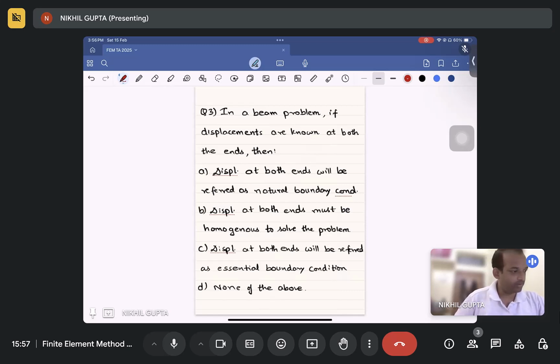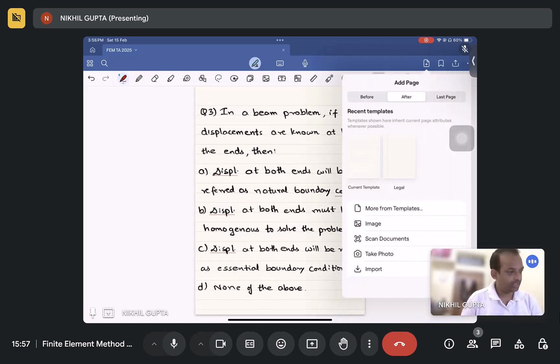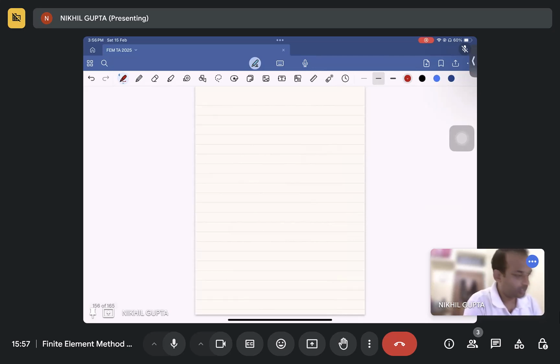In a beam problem, I'll explain a little about the Neumann and the Dirichlet boundary condition before going through this question. When we write a weak form, which is 0 to 1, let's say for an axial bar problem, this is the axial bar problem.